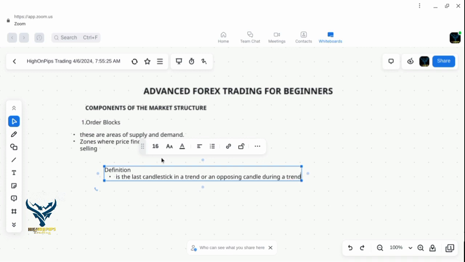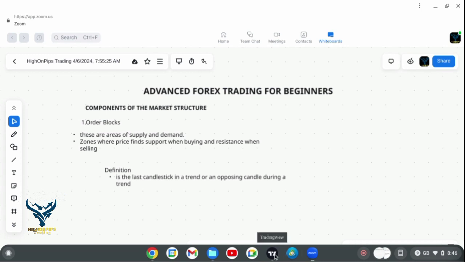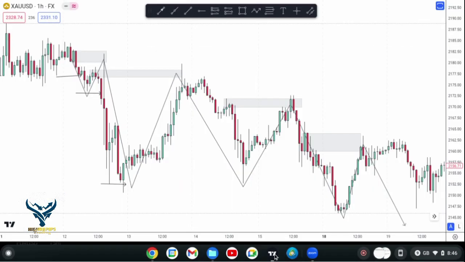So it is the last candlestick in a trend or an opposing candlestick during a trend. Now let's focus on it is the last candle in a trend, right? The last candle in a trend. Let's go to a chart so that I show you what I mean by that.